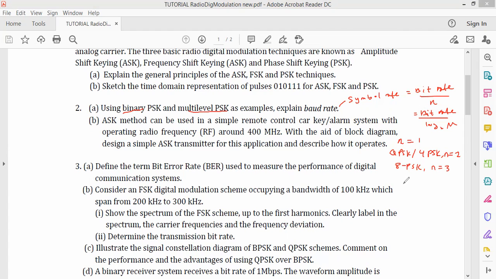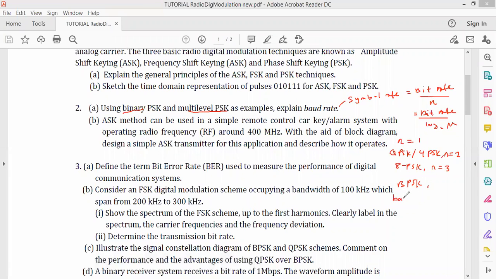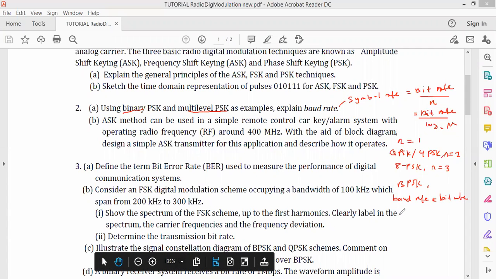Okay. For BPSK, for example, the symbol rate or the baud rate. So since the question asks for baud rate, let's use this term, so that is consistent with the question. So baud rate is equal to bit rate. For QPSK, the baud rate is equal to half of our bit rate, right?